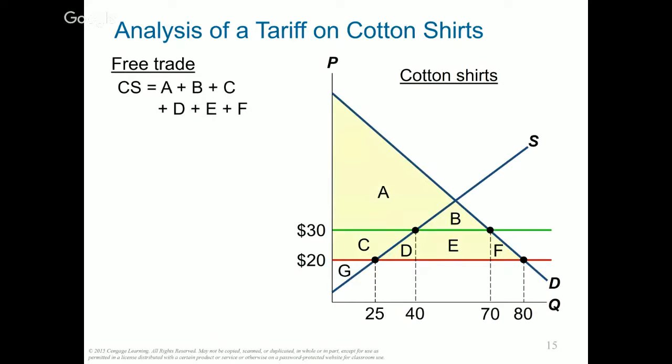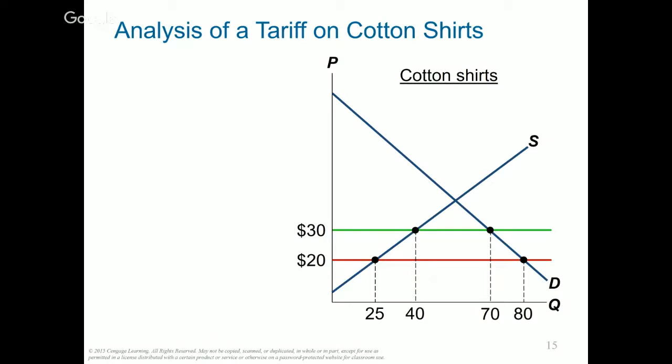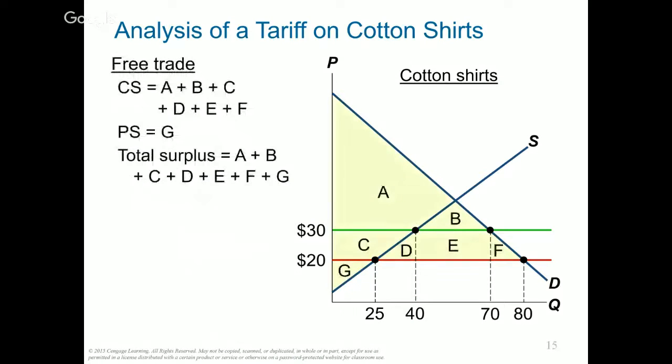And then for producer surplus, it's only this area G over here. So above your supply curve, below the $20 price line. Your producer surplus is only area G, and then your total surplus is your big consumer surplus plus your producer surplus G. So total surplus is everything over here, A, B, C, D, E, F, G.